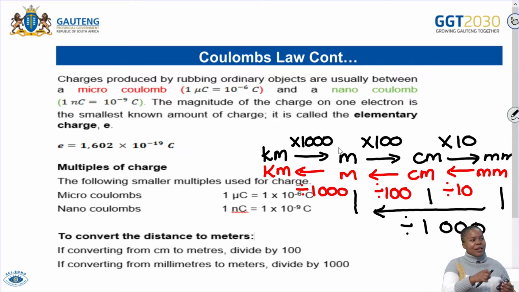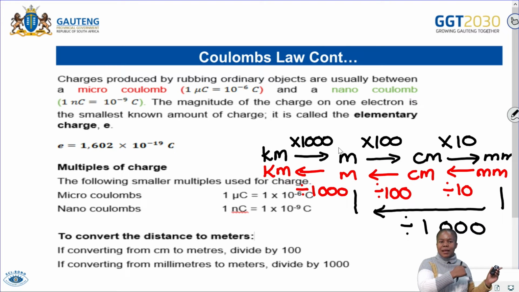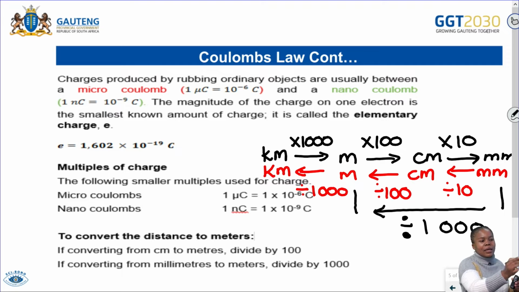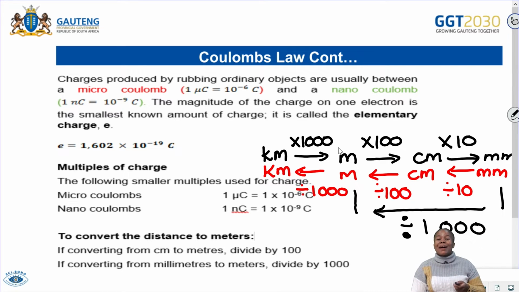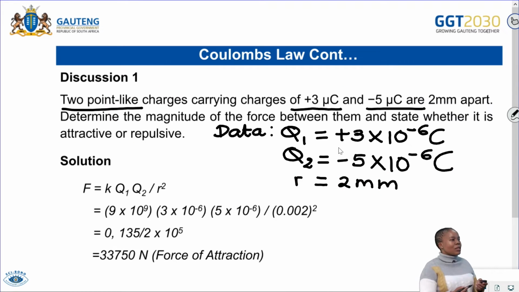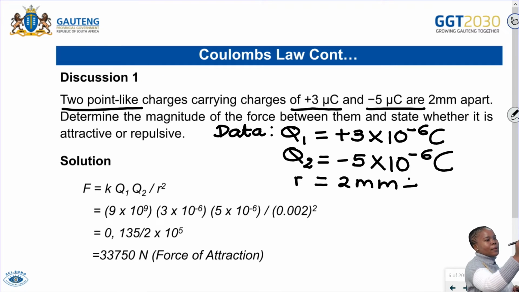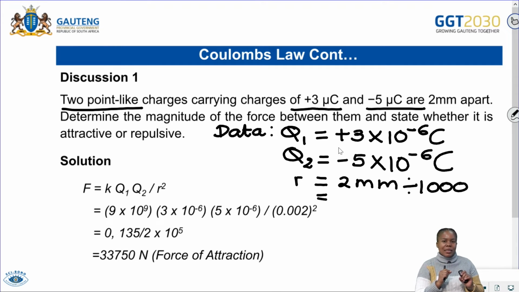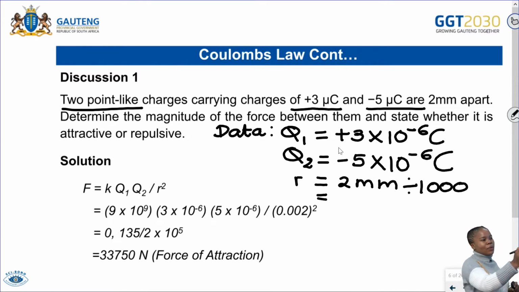Can you see that we've jumped how many zeros? We've jumped 3 zeros and we're heading towards a bigger SI unit. That means we should do what? Divide. So we need to divide by 1,000. That is what we are going to do here, so that we get to be using the meters. So we're going to be getting what?